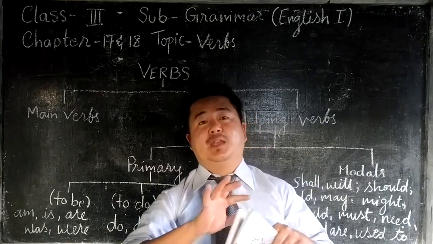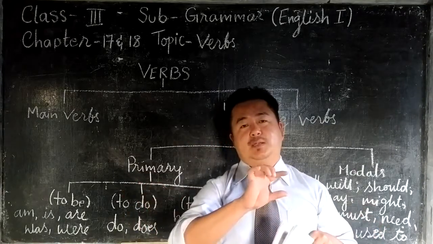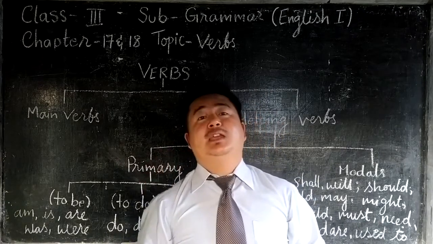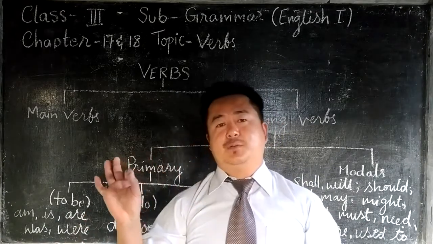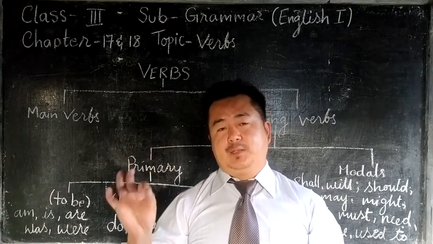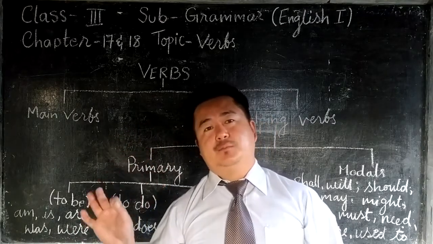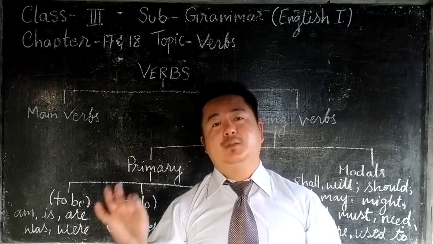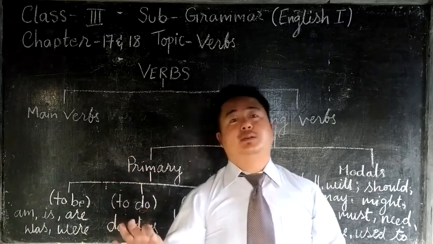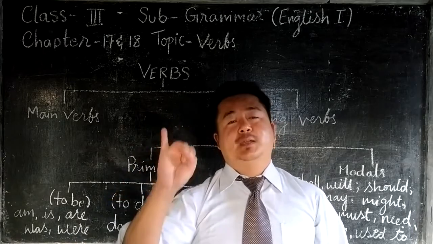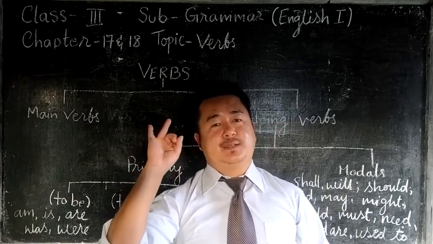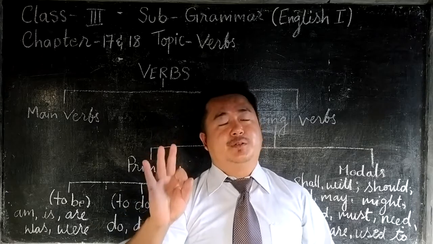So there are mainly 8 parts of speech. Whatever term we are using, like noun, pronoun, verb, these are all parts of speech. We have already completed noun and adjective, and last class we discussed verb.